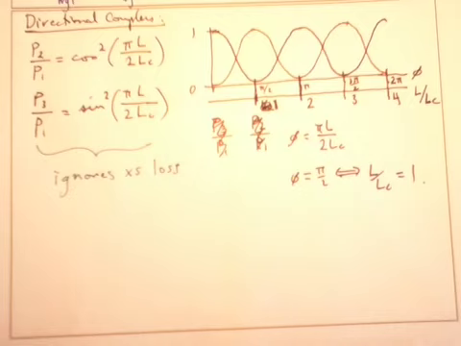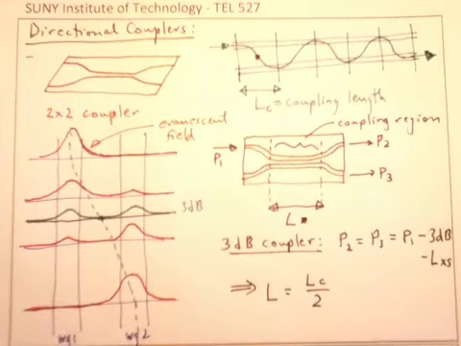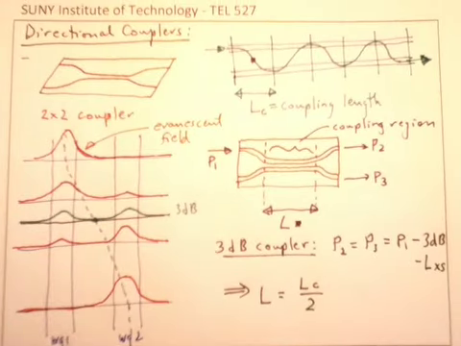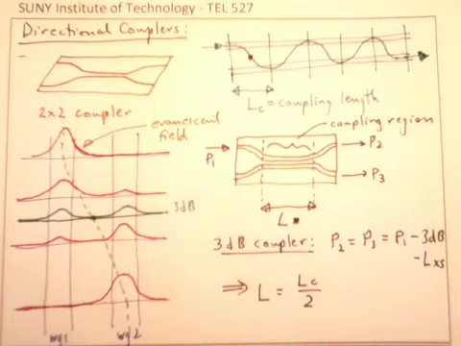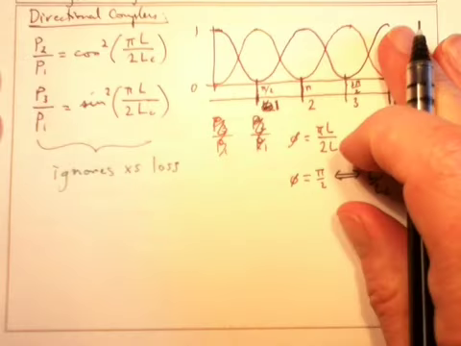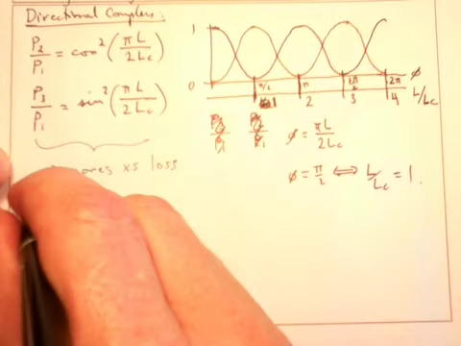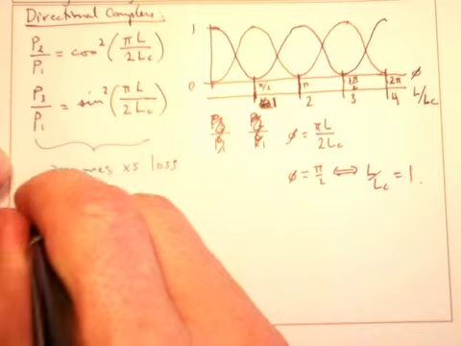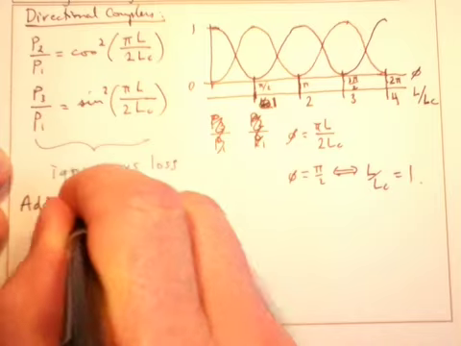The final point to make about these directional couplers is that they're not always made with integrated optical devices. They're sometimes made with fibers. And in order to get the cores of two fibers together, what we have to do, okay, so additional points.